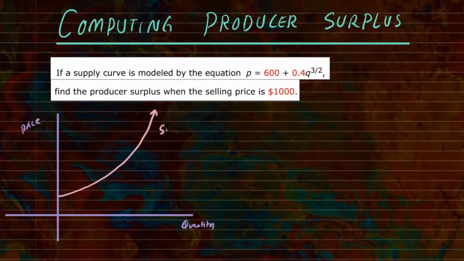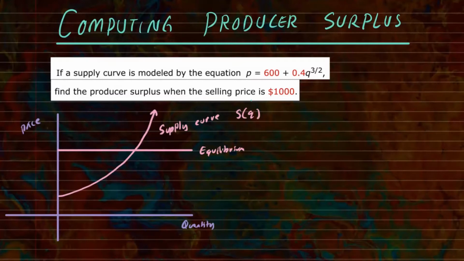Call that the supply curve, and we're going to label that S of Q. Let's suppose this is the equilibrium level or the price line. Call that P, and these are the number of units that this production needs to sell to reach this equilibrium level or that price level.